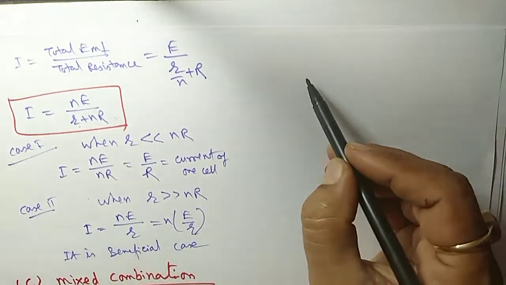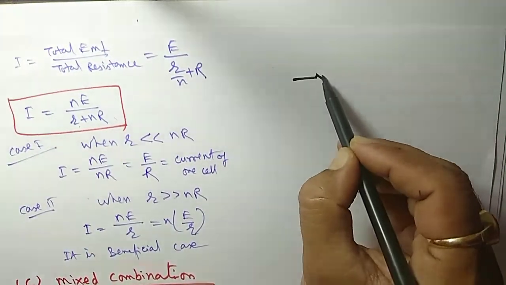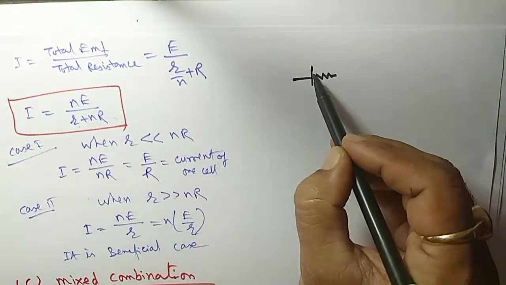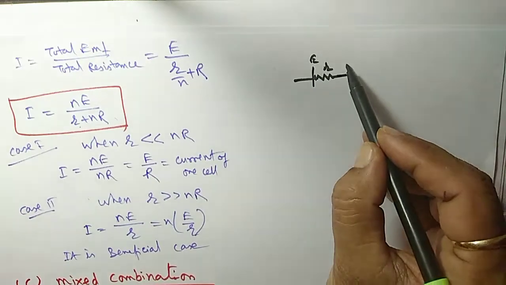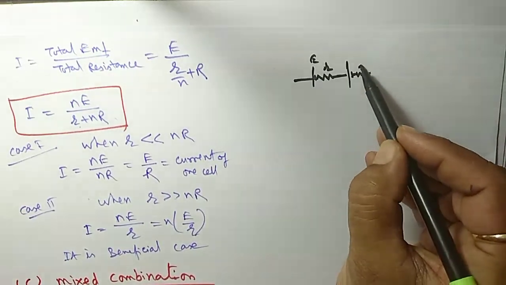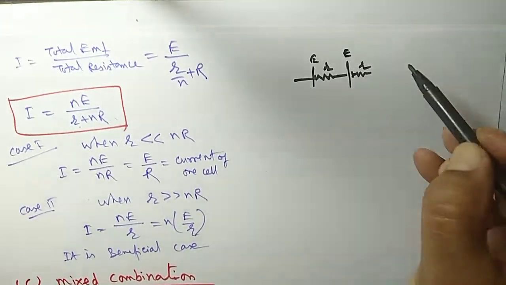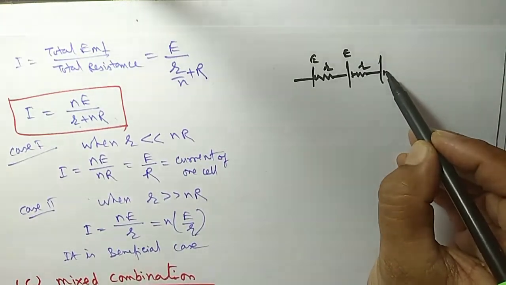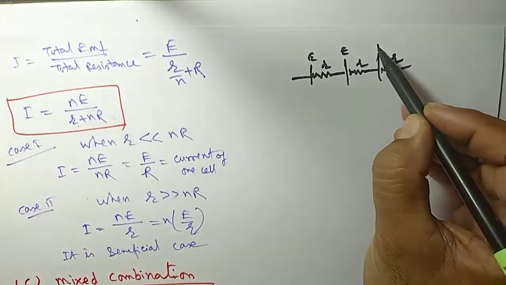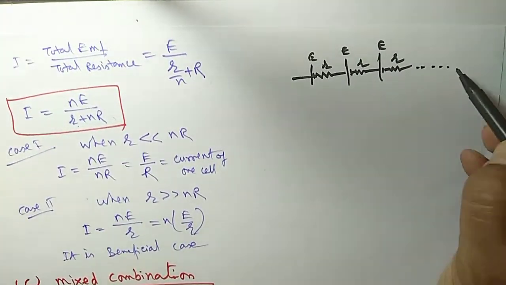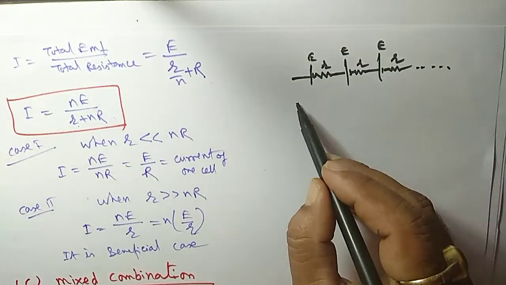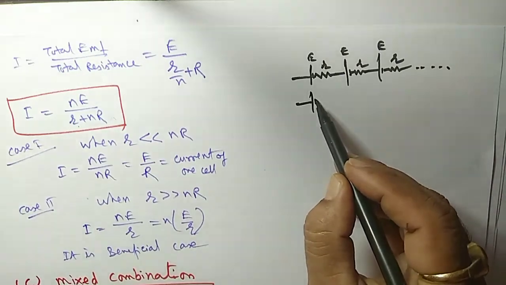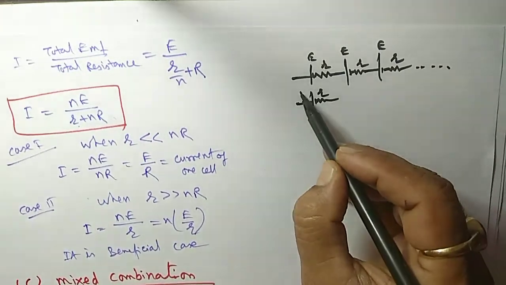Suppose n cells, taking this small r, E, second cell, small r is the internal resistance, E is the EMF, and like this. Okay, suppose there are n cells and we are taking the m rows.